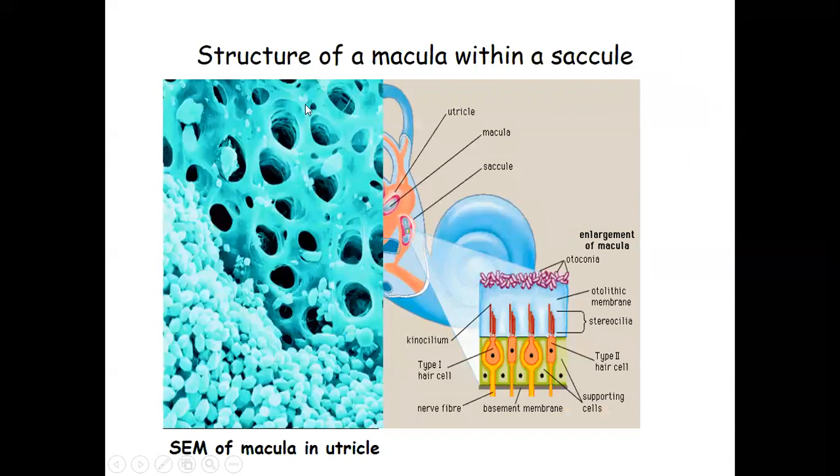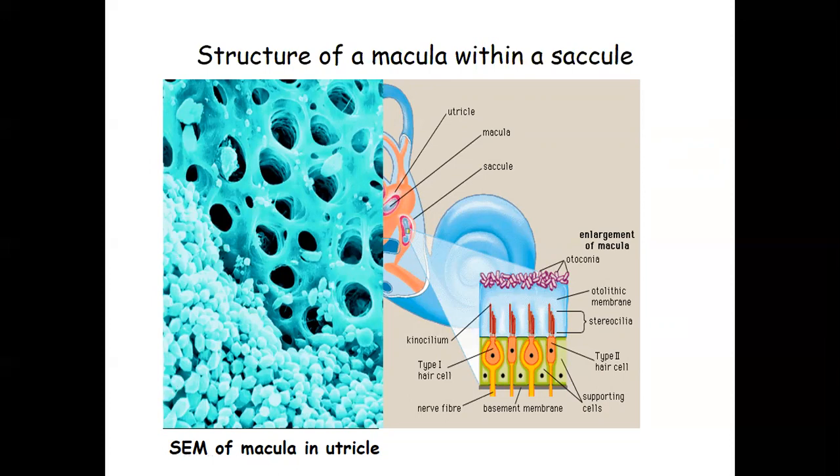Okay, so whenever you view the macula under scanning electron microscopy, you can see here, this is the scanning electron microscopy of the macula in the utricle. This shows the features and appearance of the epithelium.